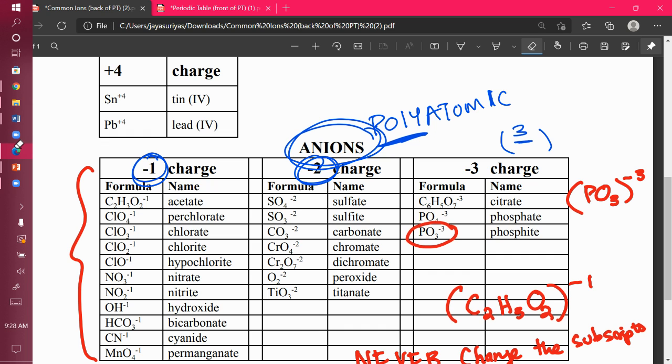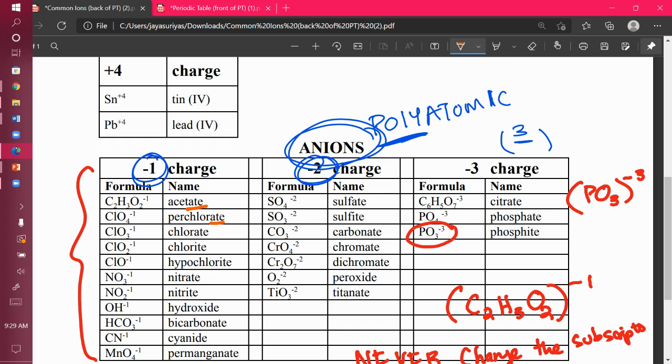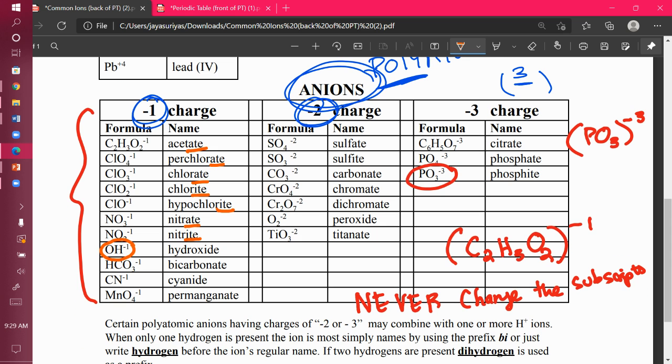See, acetate, ate, ate, ite, ite, ate, ate. Hydroxide is one of the only ones that end in ide, but you know for a fact that there is no element called hydroxide. Cyanide is just another one that ends in ide, but again, cyanide is made up of 2 different elements.